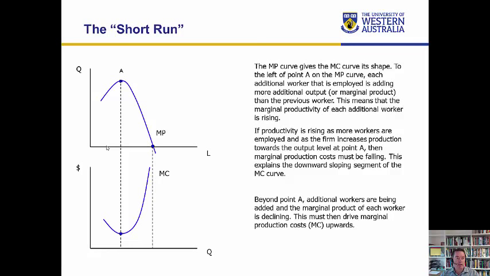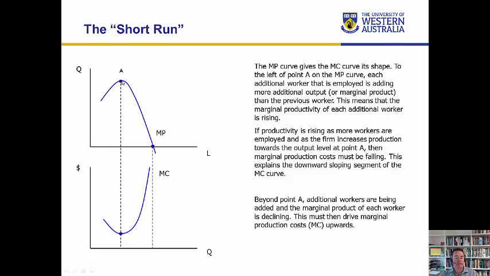So for the third worker, we said that the marginal product was 14 units. It's not as if that third worker is responsible solely for all of those 14 units. The additional 14 units is really a result of the 3 workers now working better together as a team and specializing.